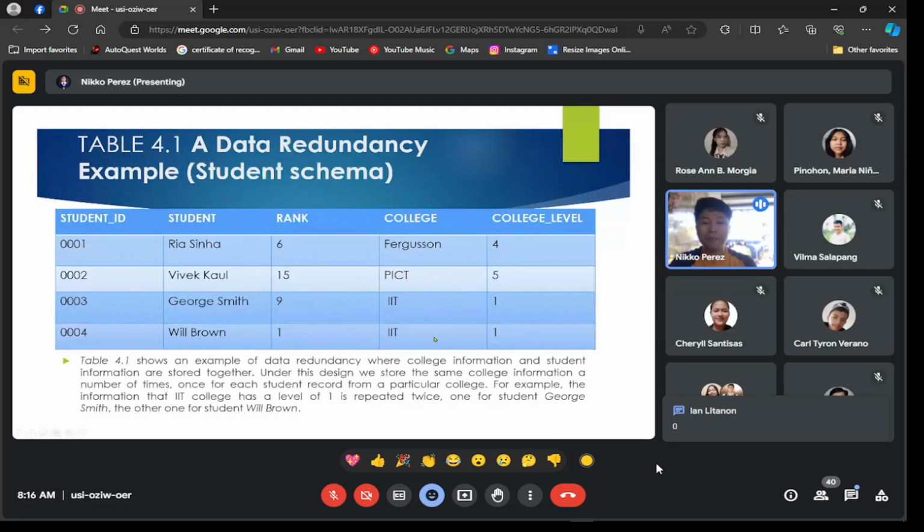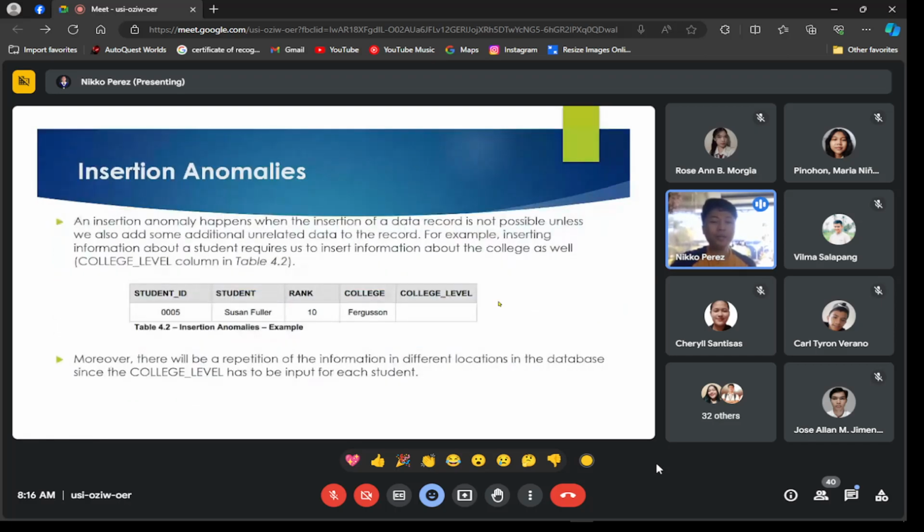So this will be the problem again, and we will be working on this table for our next slides. Mentioning that data redundancy is not the only problem, we also have anomalies.